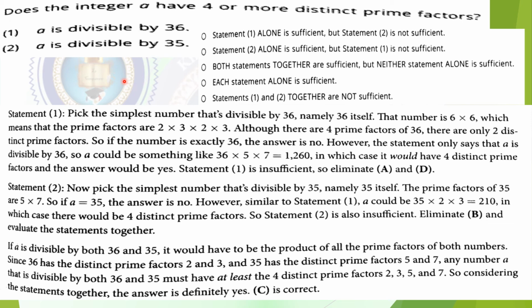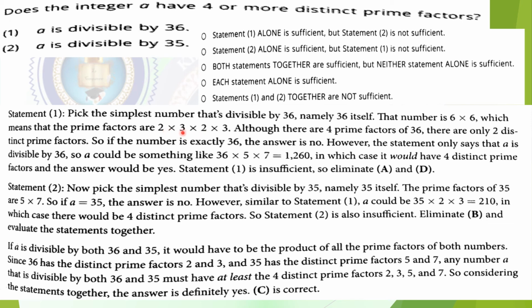For the first statement, pick the simplest number, that is 36. Take the factors of 36, that is 6 into 6, or 2 into 3 into 2 into 3. Here, do you get 4 different prime factors? It is not possible, because there are only two different ones, 2 and 3. You do get 4 prime factors altogether, but the question asks for different prime factors.